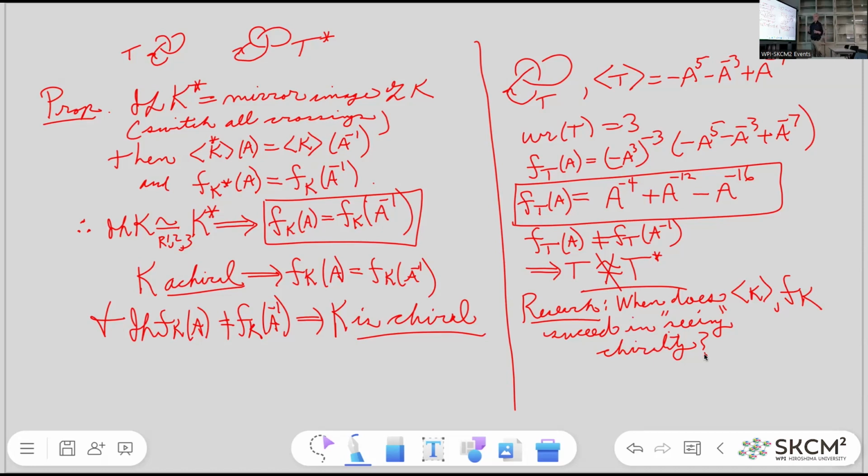But this was one of the reasons why this was very exciting to encounter in the early 1980s, exactly because one had polynomial invariants of knots and links that could tell the difference between knots and their mirror images. Now I have to tell you a little more about what this is, how this is related to something called the Jones polynomial, and how it's related to other things.